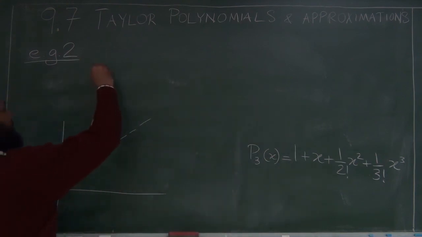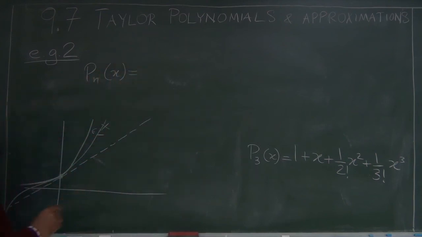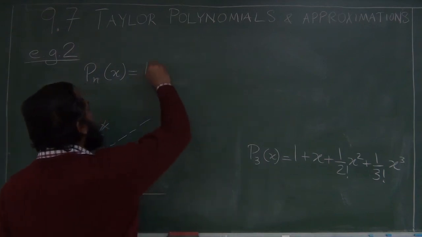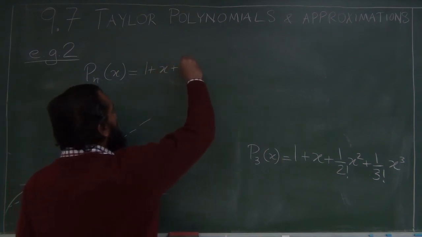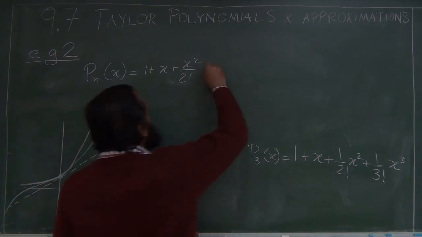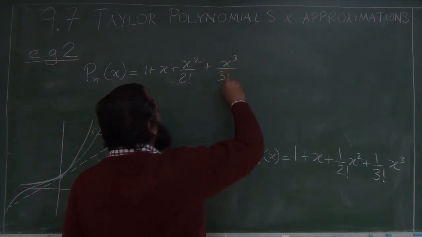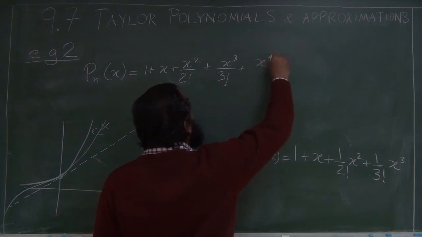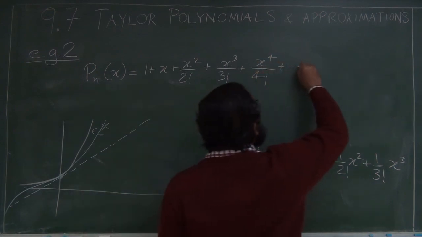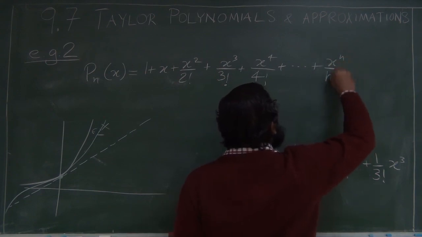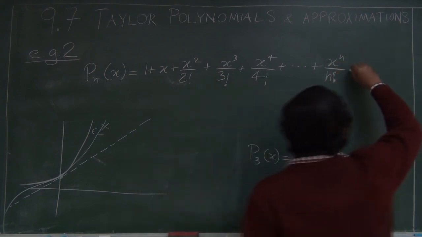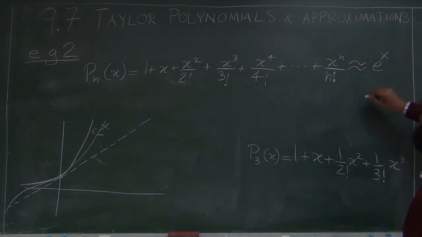The nth degree polynomial approximation to e to the x centered at c equals 0 is 1 plus x plus x squared over 2 factorial plus x cubed over 3 factorial plus x to the 4 over 4 factorial, up to x to the n over n factorial. And this is approximately e to the x for x near c equals 0.